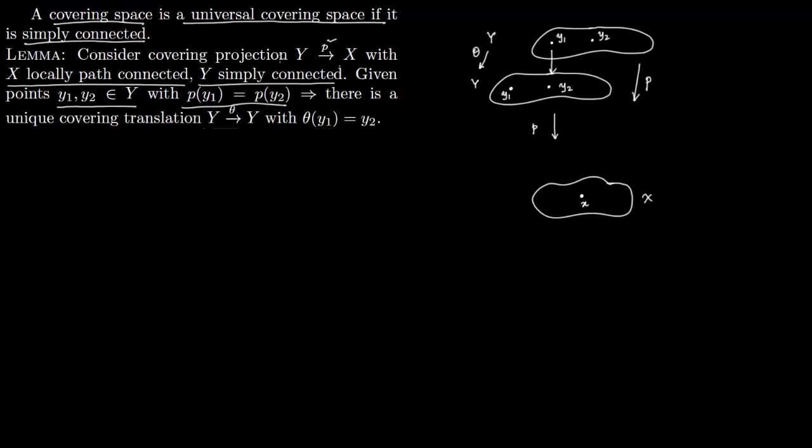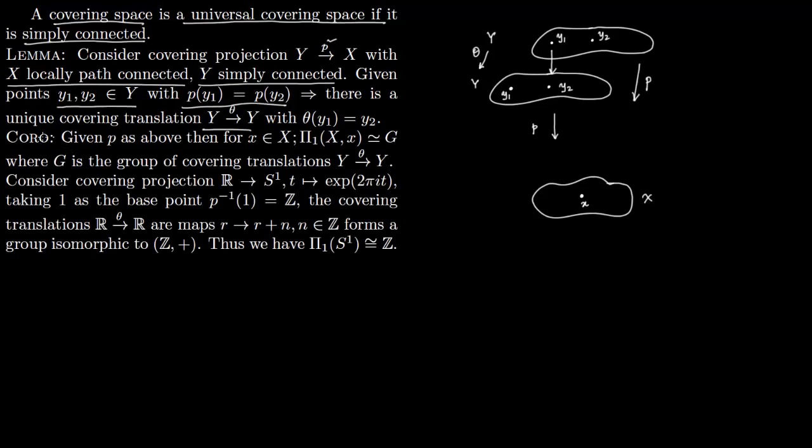Now the advantage of this lemma is this corollary, which computes fundamental groups in terms of the universal covering space. If you are given a universal cover of a space and the projection map like this, where X is locally path connected and Y is simply connected, then for any x in the space X, the fundamental group is isomorphic to the group of covering translations.